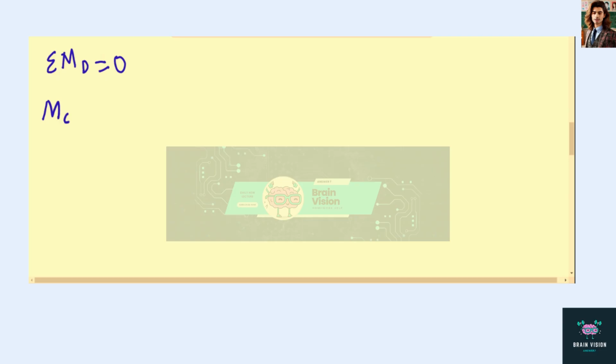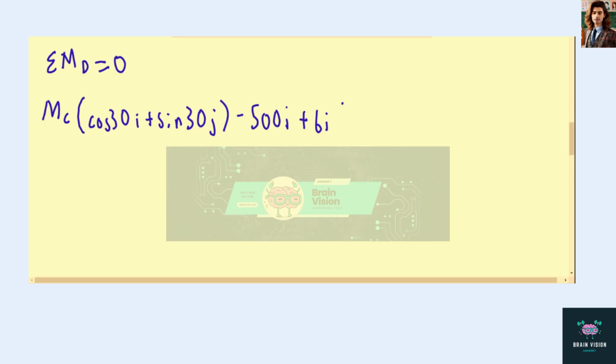And we can write that as M of C times the cosine of 30 i plus the sine of 30 j, minus 500i, plus 6i times E of x i plus E of y j plus E of z k is equal to 0.